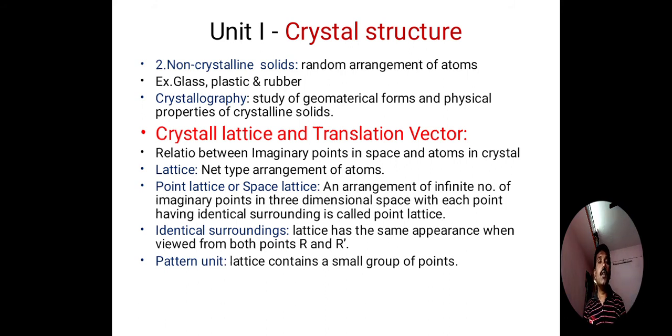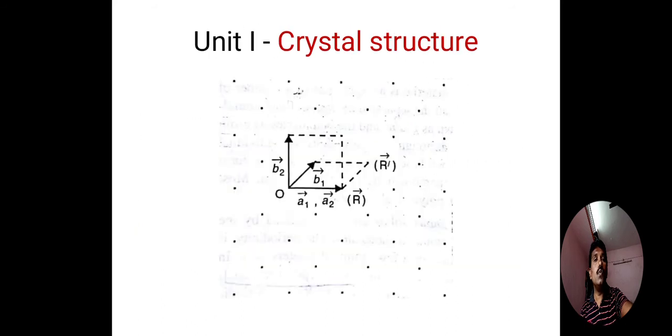Such a lattice contains a small group of points, which is called your pattern unit. Here you can very simply understand what exactly I mean. If you look here, it is a two-dimensional figure where the points or atoms are arranged.